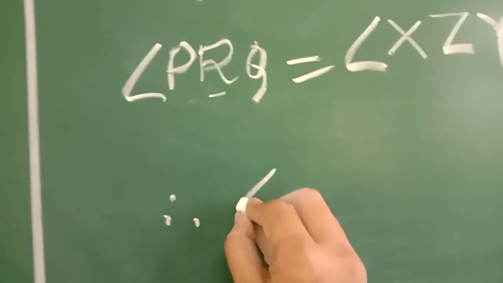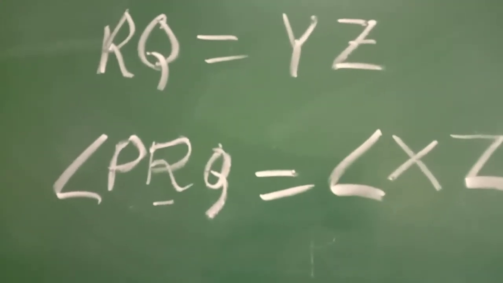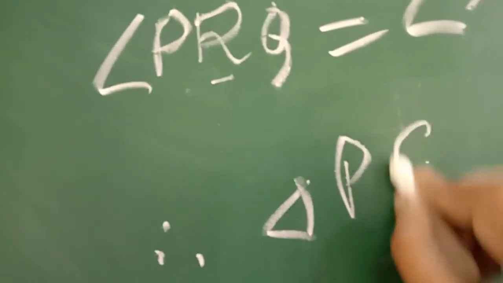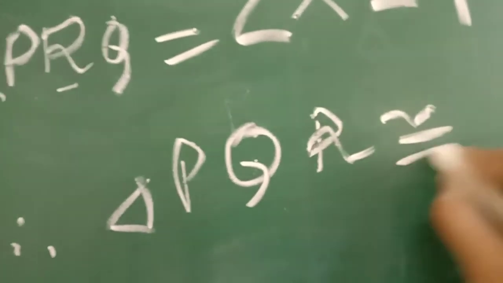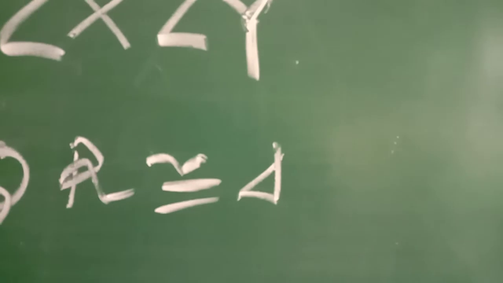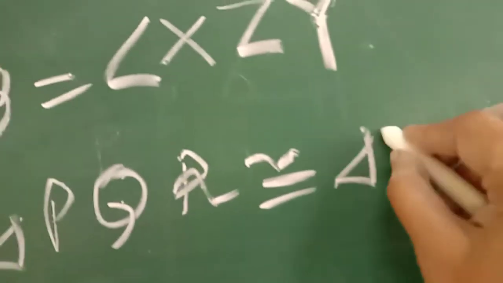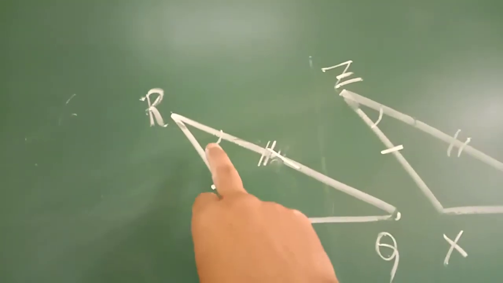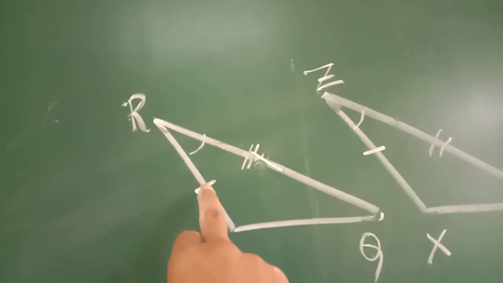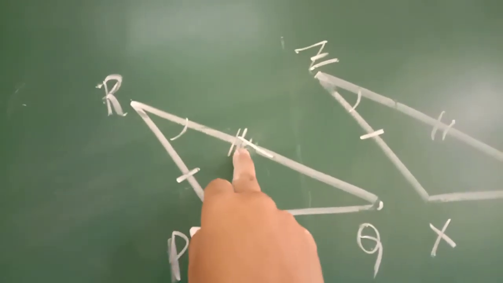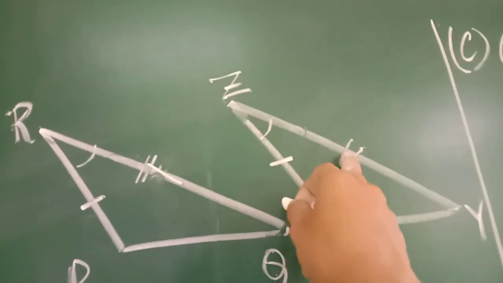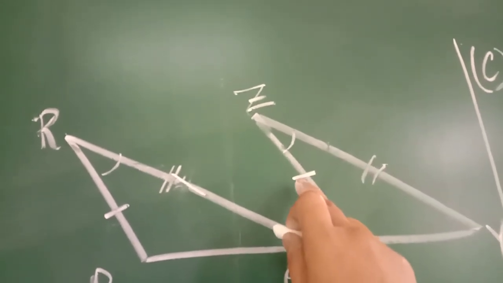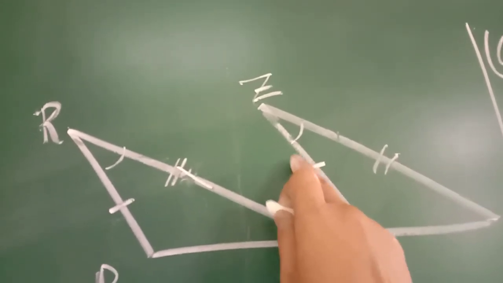It is also given, triangle PQR congruent to triangle XYZ. Can you find any criteria? Side, angle, side. Yes, in both triangles, clockwise or anti-clockwise, if you move, you can see that the criteria is side, angle, side.